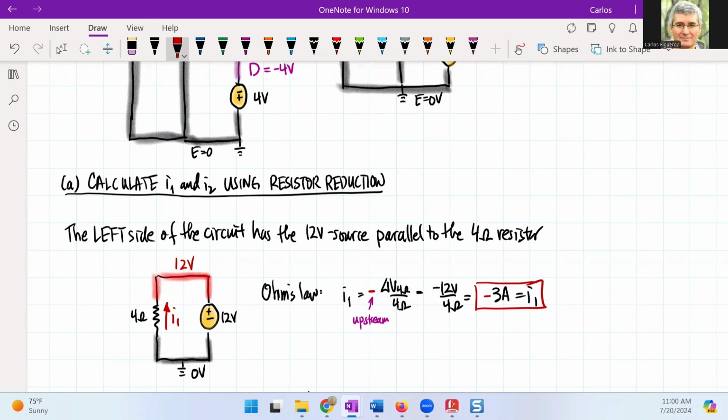Once again, the negative sign implies that the current flows, not really up, but it's flowing down. Maybe I should write that.